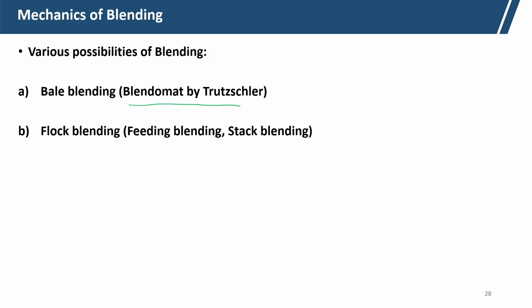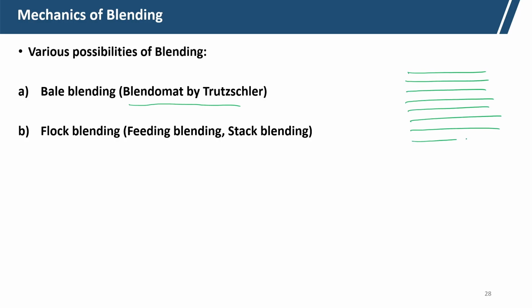Flock blending. This is the feeding blending, or it is called stack blending. We form stacks of fibers, and different stacks are there. Fiber stacks are formed, and the fibers are taken vertically, so in this fashion also blending takes place.